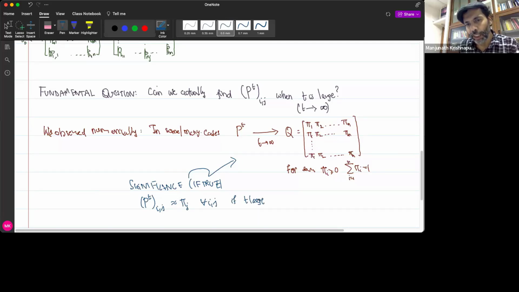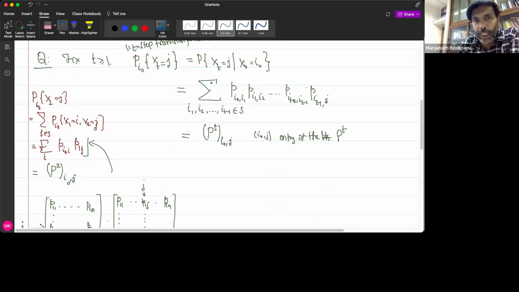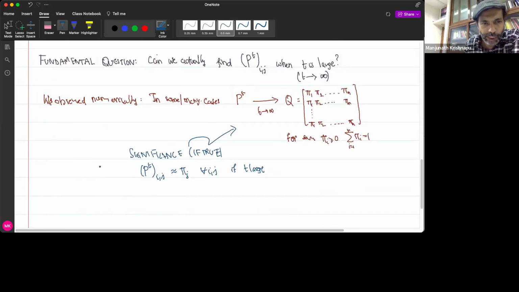So in the limit t going to infinity, if I interpret it for large t, it means p to the t (i, j) is like pi_j. But what was p to the t (i, j)? It is the probability to start at i and be at j after t steps.